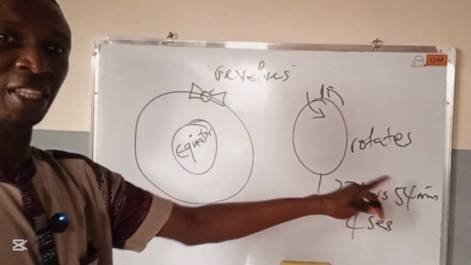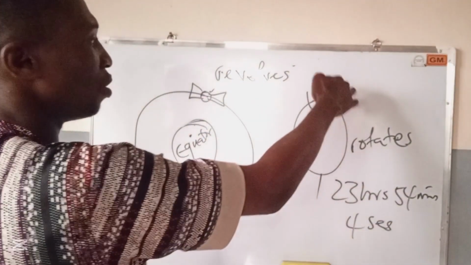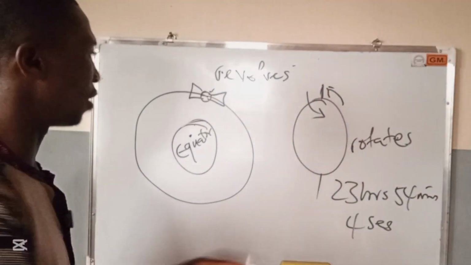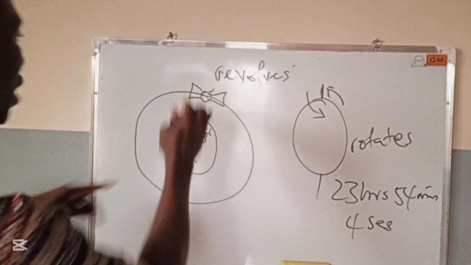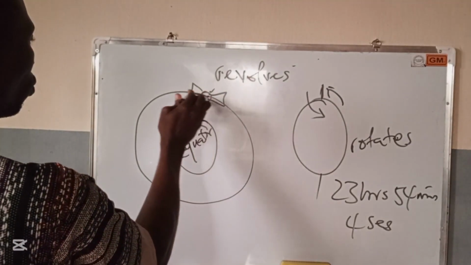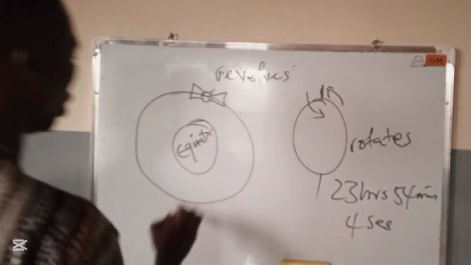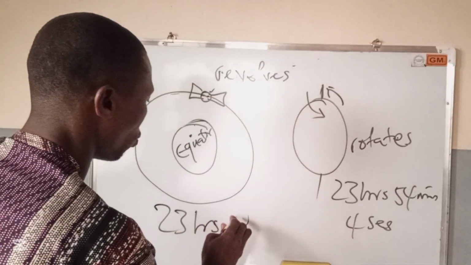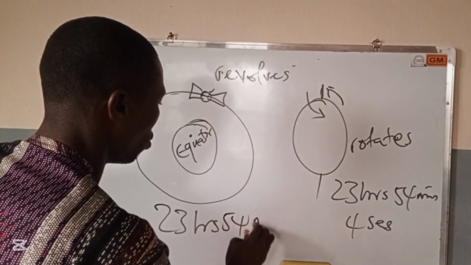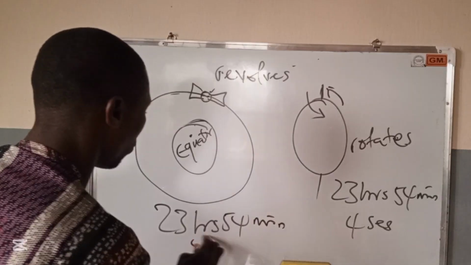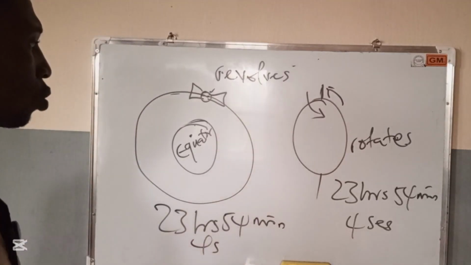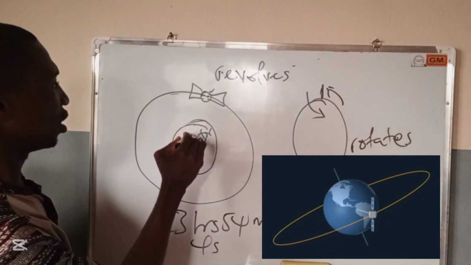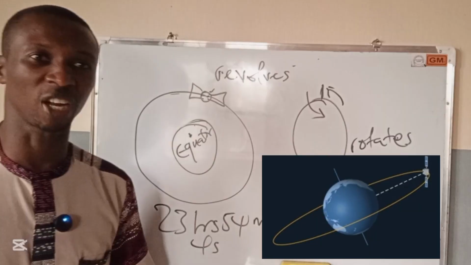That's the time it takes the Earth to rotate from east to west, the rotation which causes night and day. And the time it takes this satellite to revolve around the Earth is also 23 hours, 54 minutes, and 4 seconds.